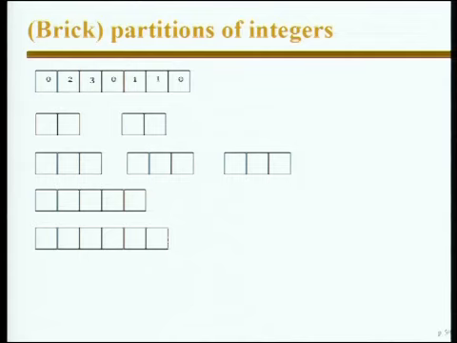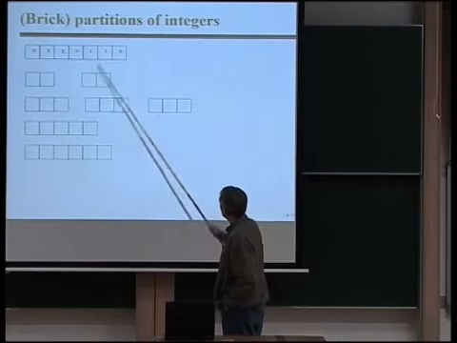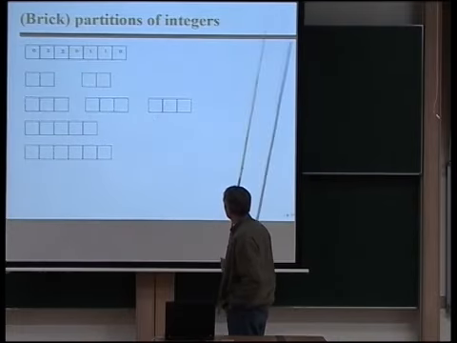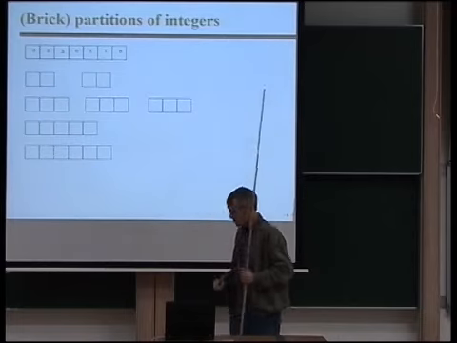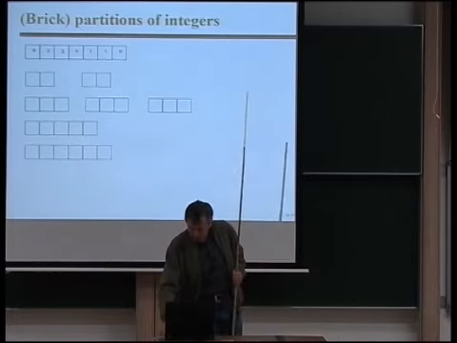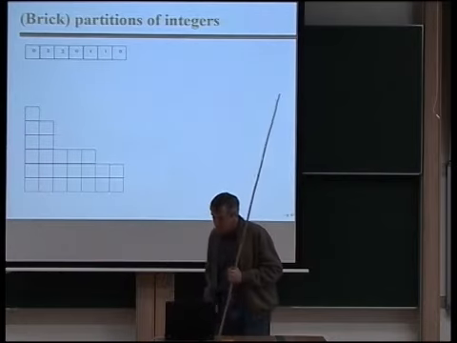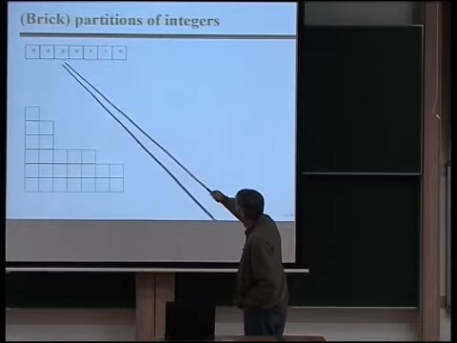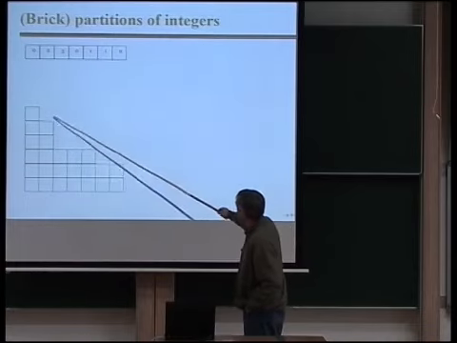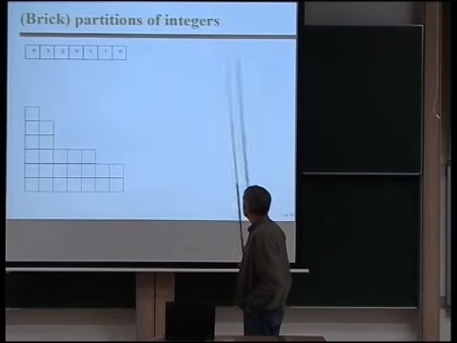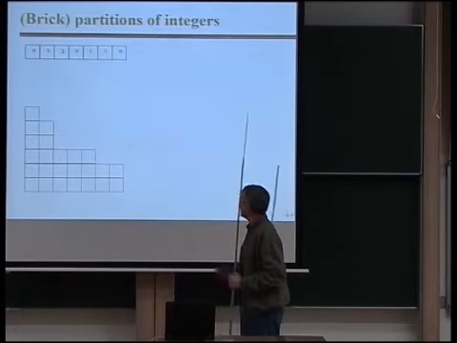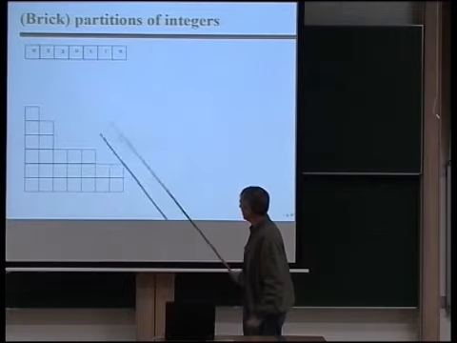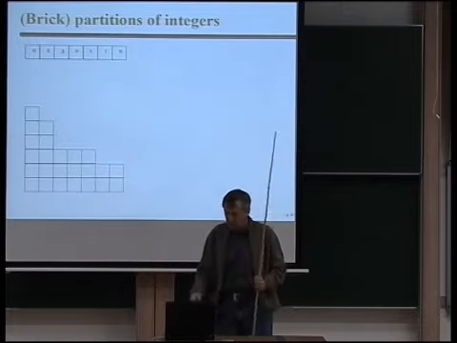So we have 2 of length 2, 3 of length 3, 1 of length 5, and 1 of length 6. And we take those bricks, and then we can arrange them into a Young tableau. So I put 2 of length 2, then 3 of length 3, then 1 of 5, 1 of 6, and this makes a partition of an integer. You should just count how many cells we have here.